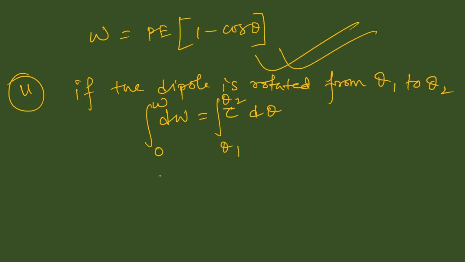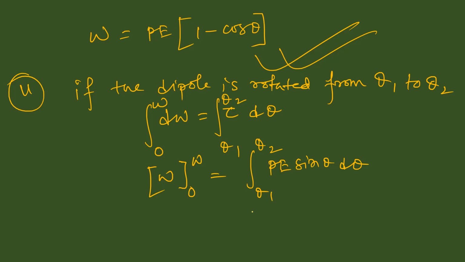Integration of dW is W, with limits from 0 to W. On the right hand side, torque has the expression pE sin theta dθ, with limits from theta 1 to theta 2. Now, doing this integration, I am making a small step jump. Integration of sin theta dθ is minus cos theta, with limits from theta 1 to theta 2.